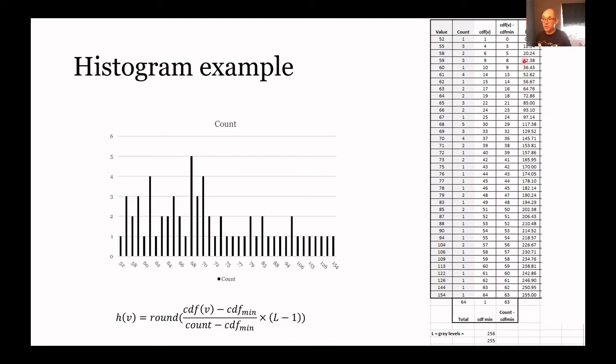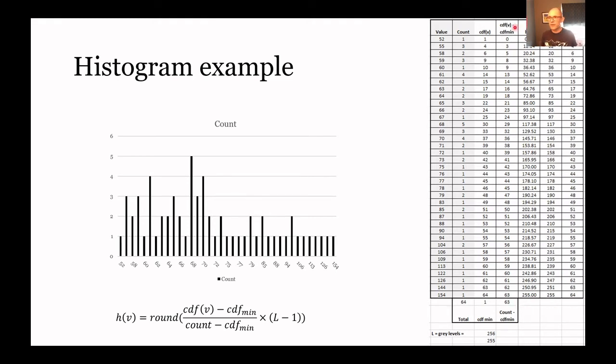And as we can see, it goes from 0 to 255. Nice. So instead of going from 52 to 154, they now go from 0 to 255. But we need to round these because we need integer values for this display, so they get rounded down. So we can see here are the new values. That's how we create the new values for our histogram.